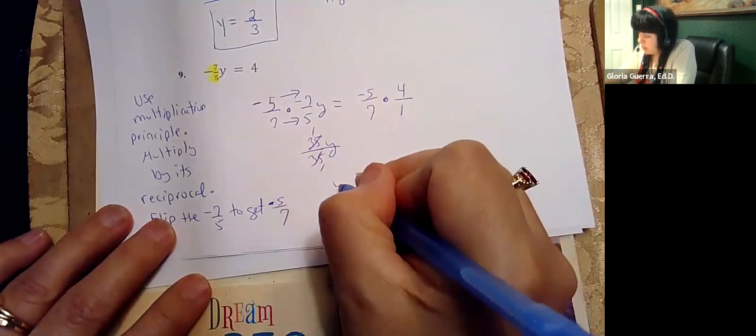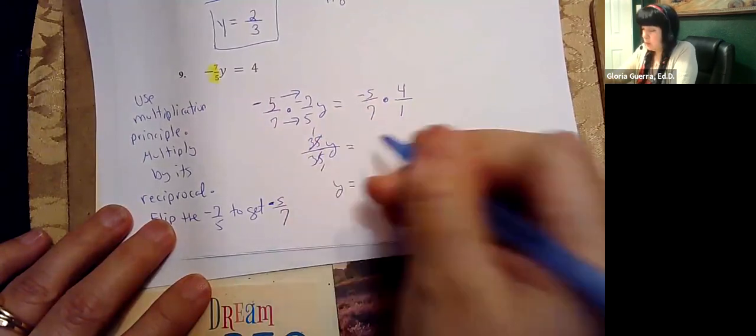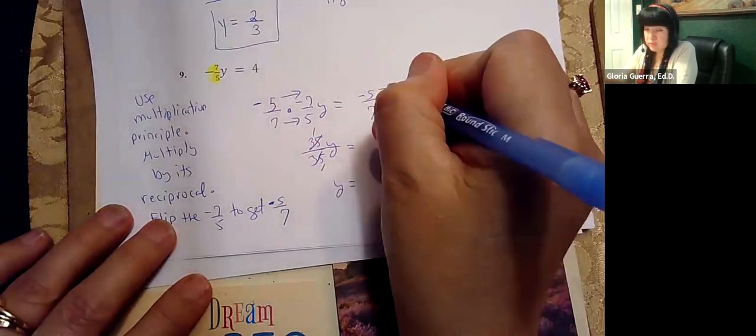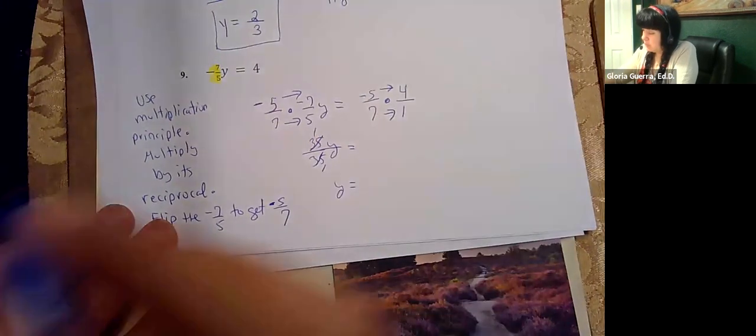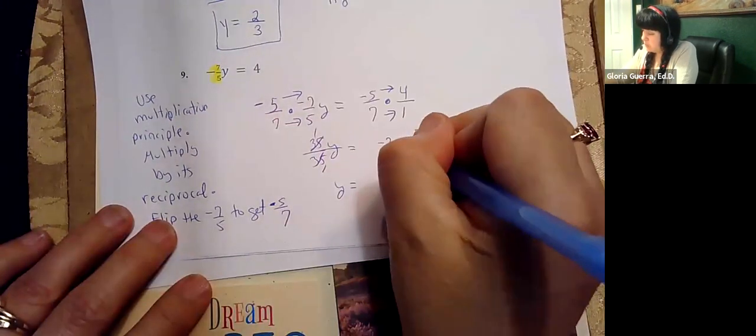So that's just y equals. Here I have to multiply straight across: -20/7.